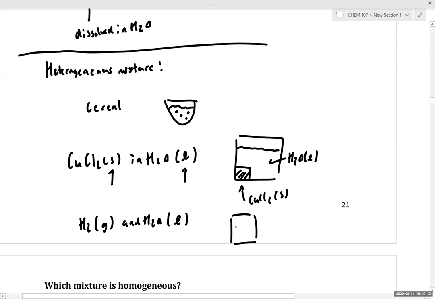If we observe hydrogen gas in water, we'd clearly see the hydrogen gas as bubbles. This would be another example of a heterogeneous mixture. In all of these cases, there's a clear difference in chemical composition and a clear difference in phase and physical state throughout our mixture. Yes, if you see two different phases, then it is heterogeneous.